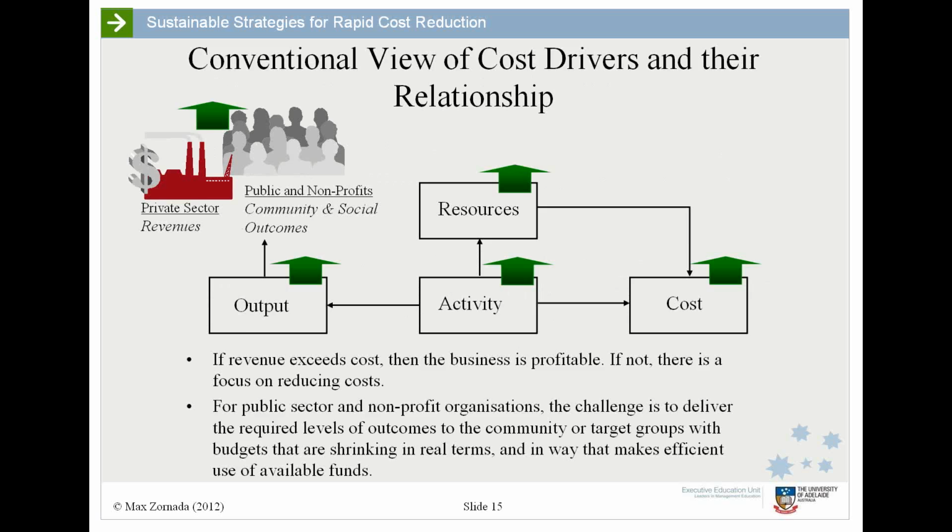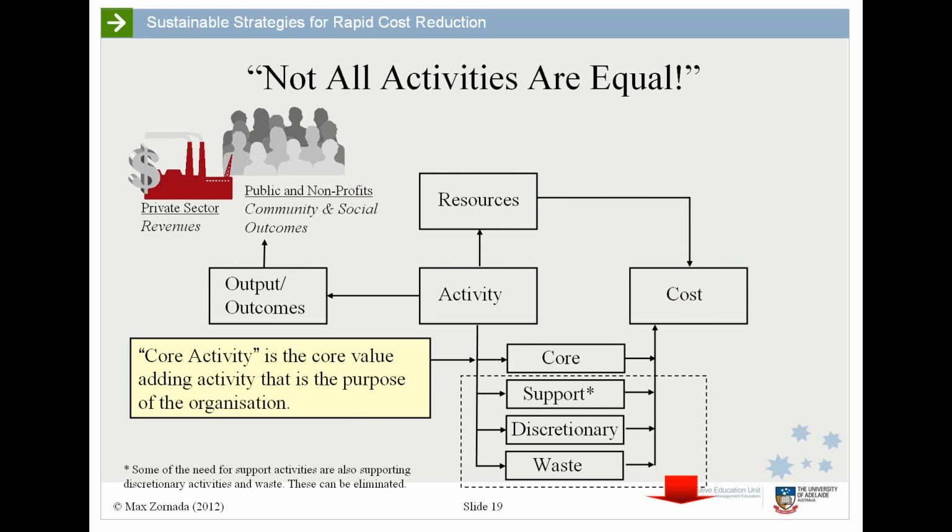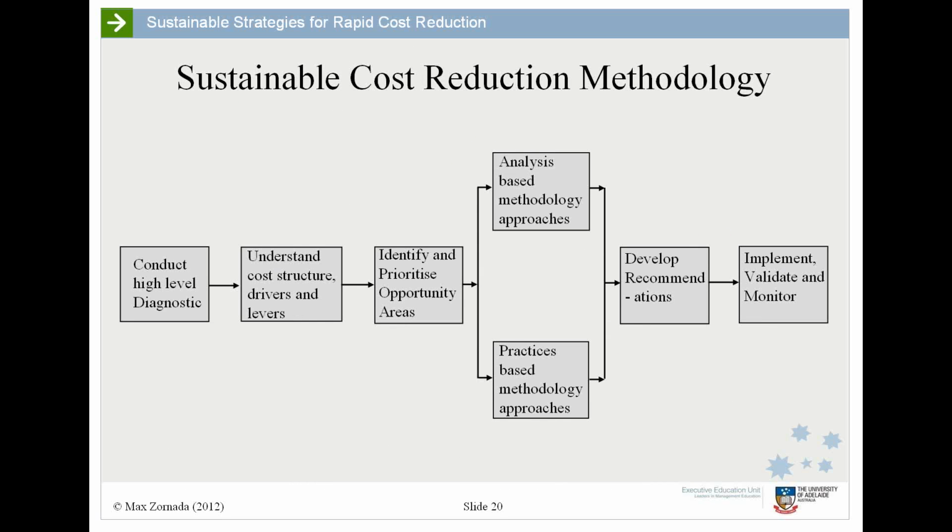So some of the things in this methodology are not that difficult to do. The high-level diagnostic, understanding the cost structure and prioritising opportunity areas, in most organisations with a team of, say, 4 or 5 people working full-time, could probably be done in about a week, 2 weeks maximum.